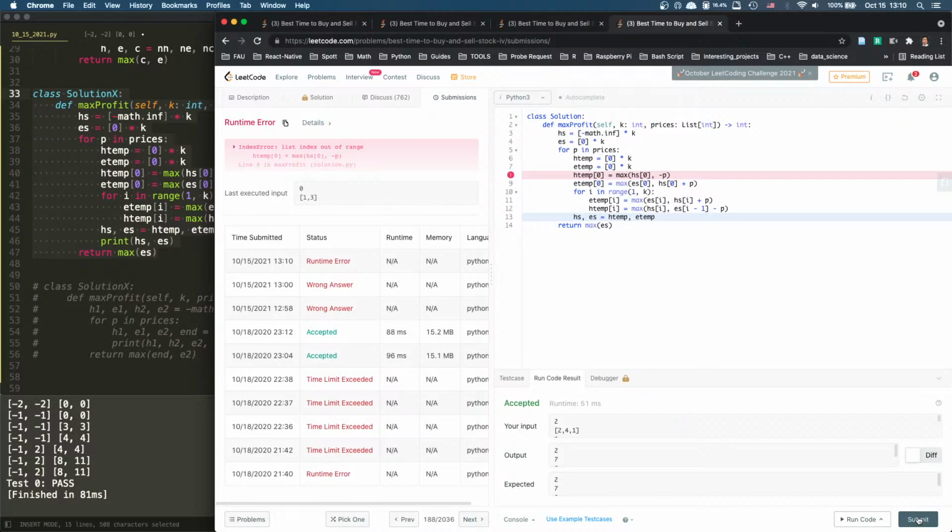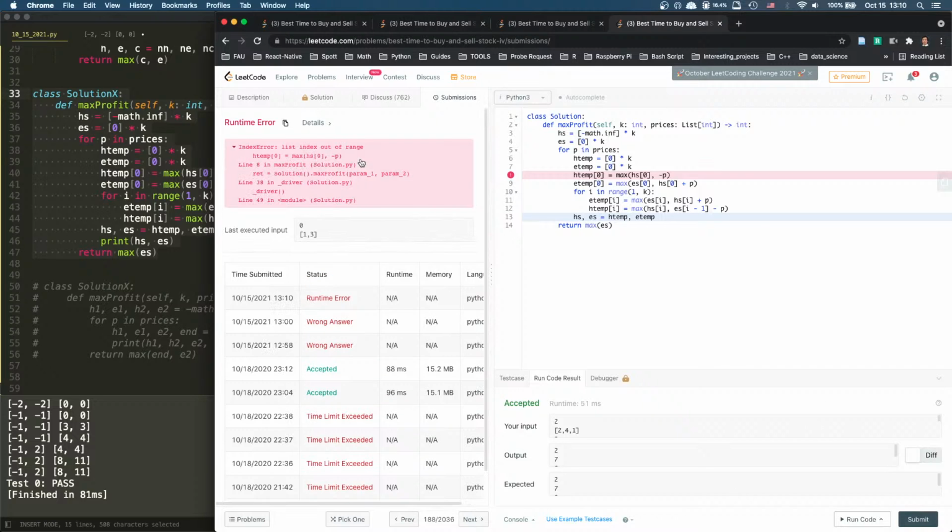List index out of range. Oh wow, what is this? 0 transaction.